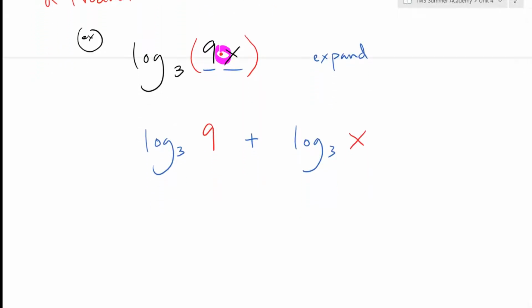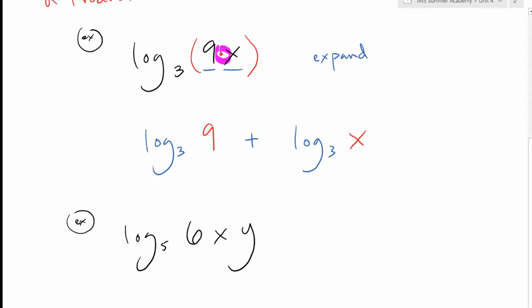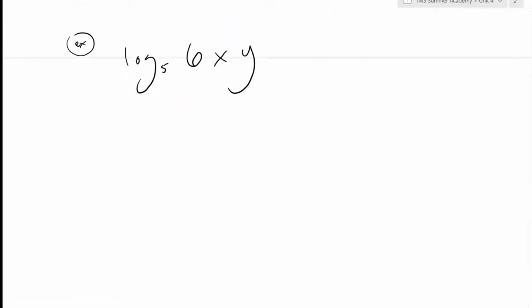Let's say there were a couple more pieces in there. So for example, they tell us log base 5 of 6xy. So this time it's 6 times x times y, all part of this log. So it's going to get expanded into 3 logs.